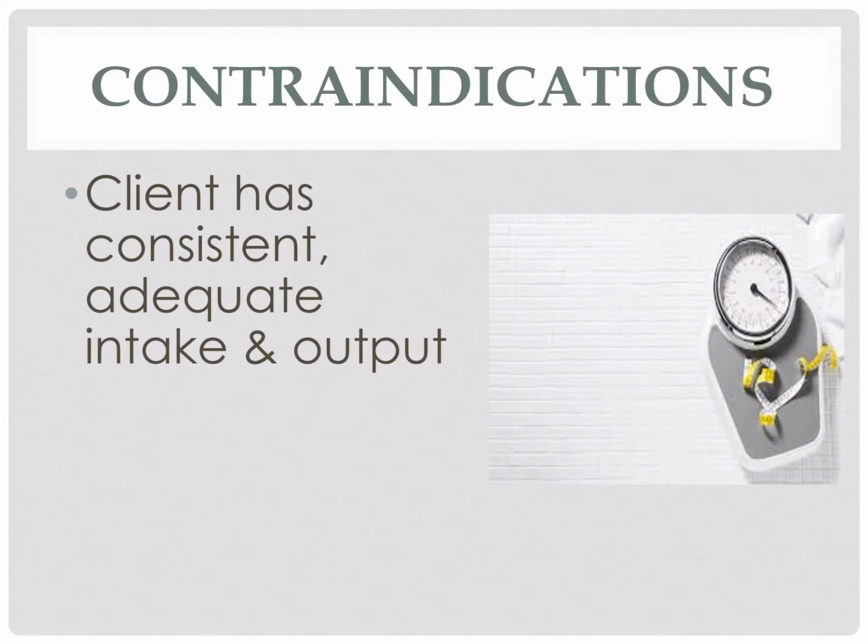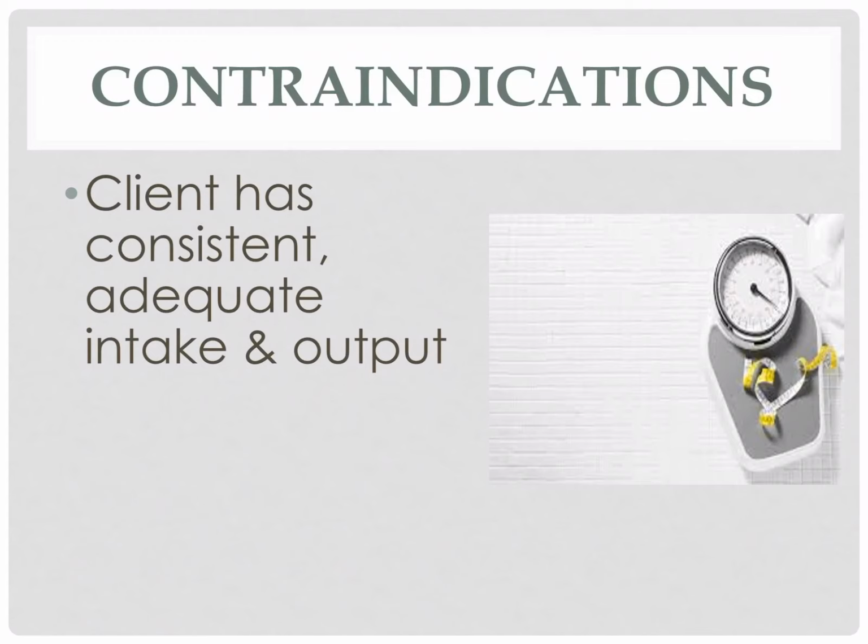Contraindications. What are the contraindications in monitoring the intake and output of your patient? The client has consistent, adequate intake and output. Meaning, if you think that your patient has maintained a consistent and adequate intake and output, you may lessen the frequency of monitoring.